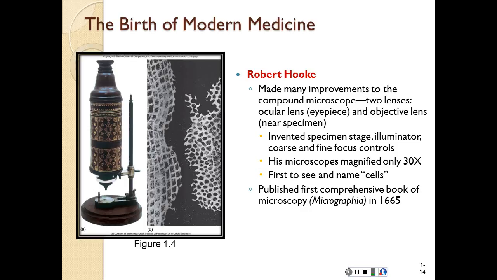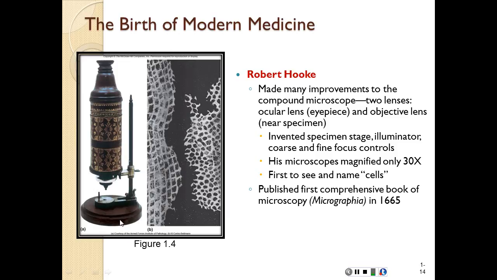We have an ocular lens, which is the eyepiece that you look through, and then we have the objective lens, which is the one that's closer to the specimen. So here will be our ocular lens up here, and this will be our objective lens down here that looks through closer to the specimen.